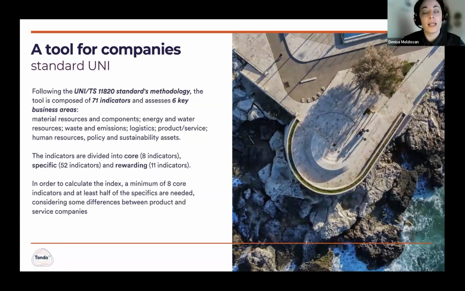This methodology incorporates 71 indicators spread across 6 essential business areas, such as materials and resources, energy and water resources, waste and emissions, logistic, and so on. Each indicator here is categorized as core, specific, or rewarding, allowing in this way businesses to tailor assessment to their sustainability goals.